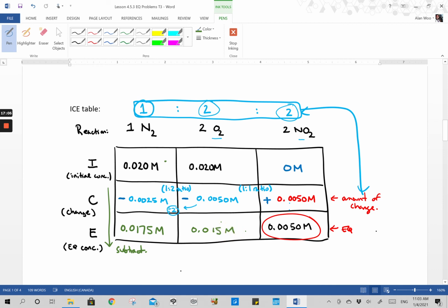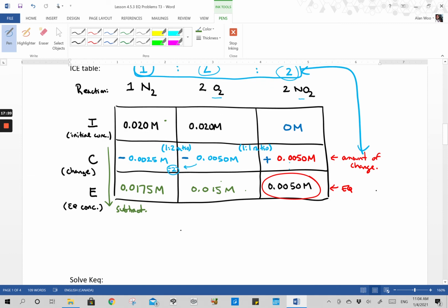molarity. Okay, so this is the way that we have to look at the ICE table. Okay, because once we've completed the ICE table, it gives us a bunch of useful information. Okay, so it gives us the concentration of N2 at equilibrium.